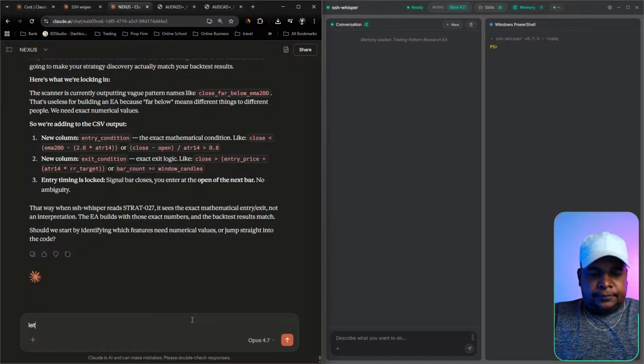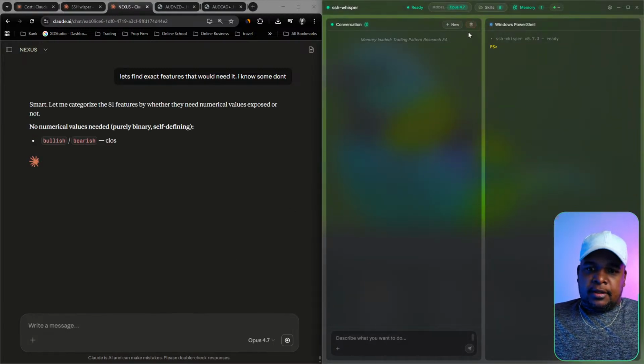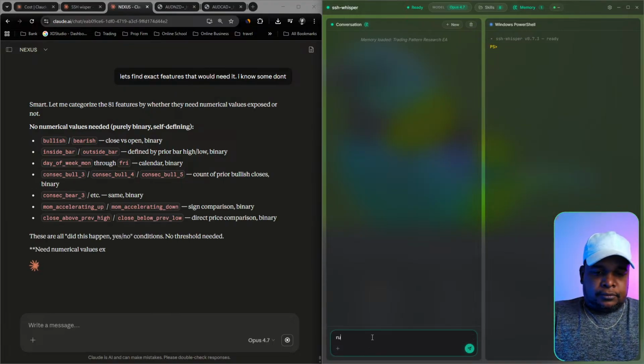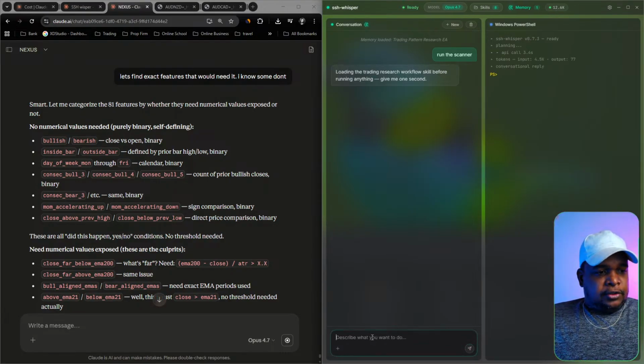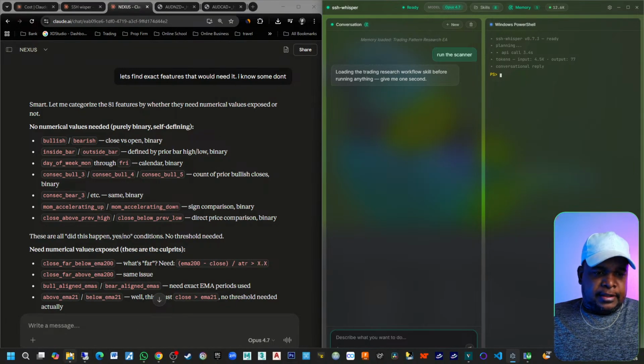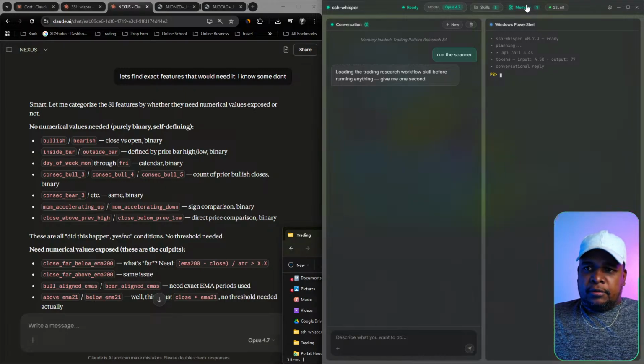All right, so the whole idea with what I'm doing is I built a scanner so I could just tell it, at the moment I could just say, run the scanner, and what it would actually do, if I have any files in the correct spot, it will get it up and running.